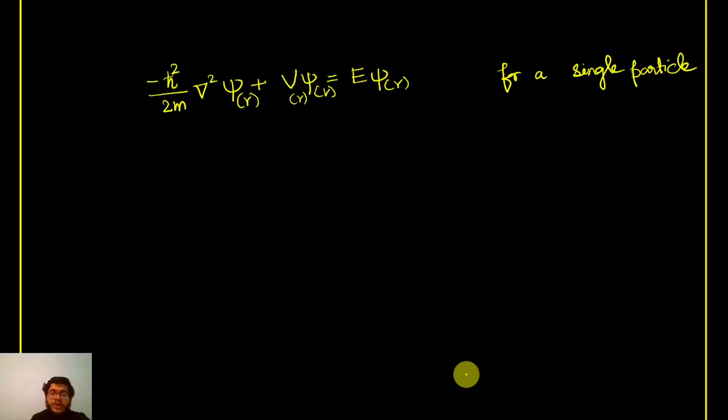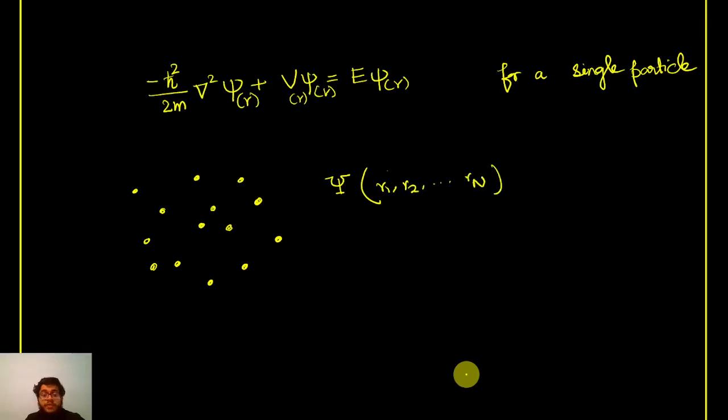But now, what if we have a lot of particles? What happens then? Let's say we have a lot of particles. What we generally do is define a wave function which depends on every position of every particle.